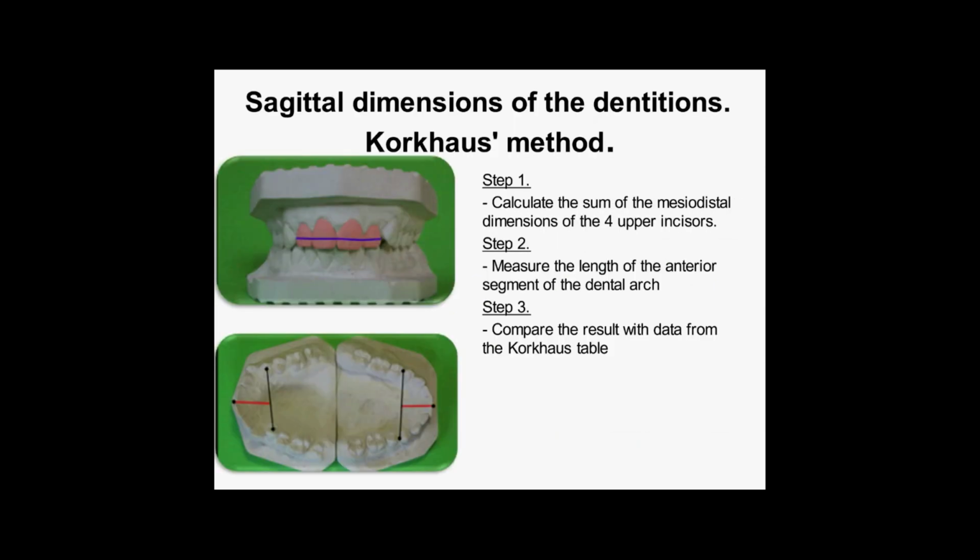During occlusion of permanent teeth in the sagittal direction, the length of the anterior segment of the upper and lower dentition is measured according to the Kohlhaas method. Kohlhaas enriched Pond's method by proposing to determine the length of the anterior segment of the dentition according to the sum of the measured mesiodistal dimensions of the four upper incisors.